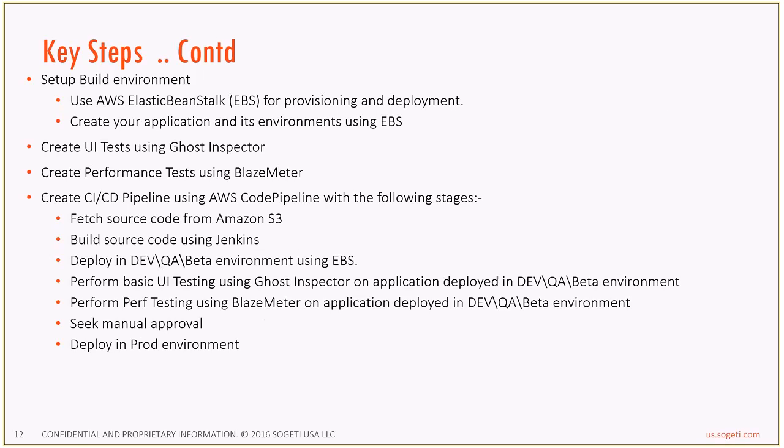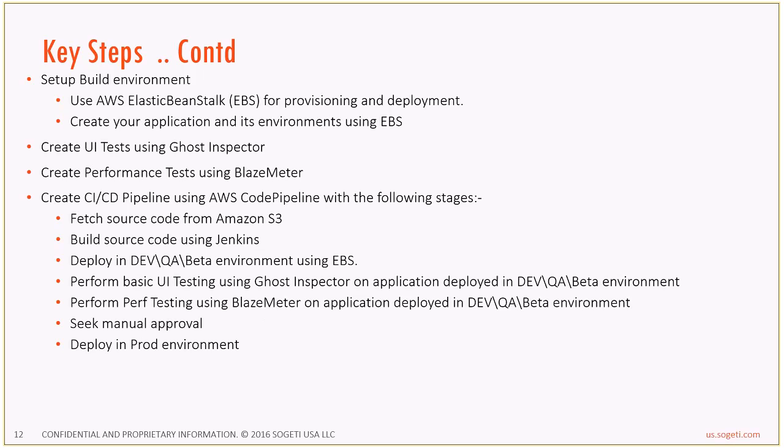The next step after this is setting up our build environment. So for this demo, we will be using AWS Elastic Beanstalk for provisioning and deployment. A couple of key steps for configuring an application with AWS Elastic Beanstalk is first to create an application in EBS and then eventually create environments for its deployment.